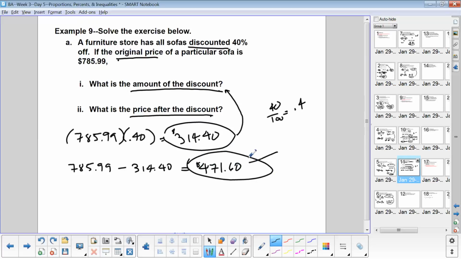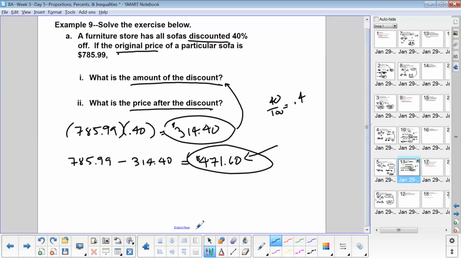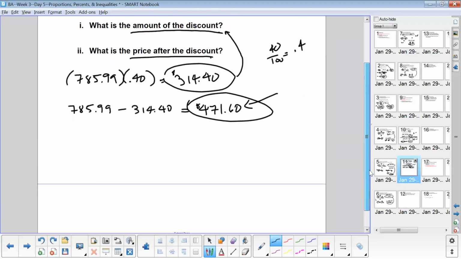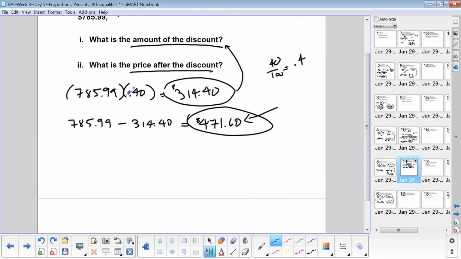That's your new price of your sofa. So notice with the discount, we had to multiply by the discount, which was 40% off, figure out that discounted amount, and subtract it.